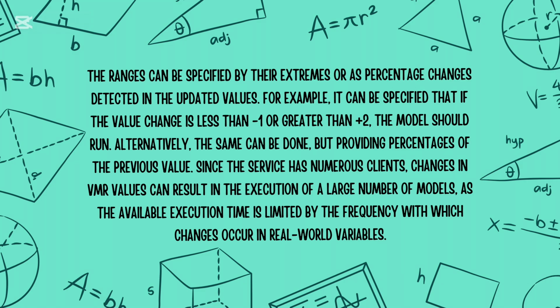Given that the service has many clients, changes in RWV values can result in the execution of a large number of models, since the time available for execution is limited by the frequency with which changes in real-world variables occur. Therefore, the efficiency of the process is crucial. This is the reason for the research described here, which seeks ways to improve the process in any way that results in greater computational efficiency.